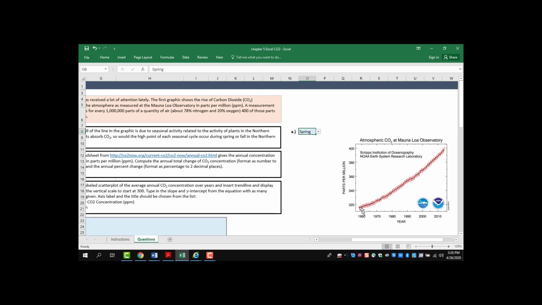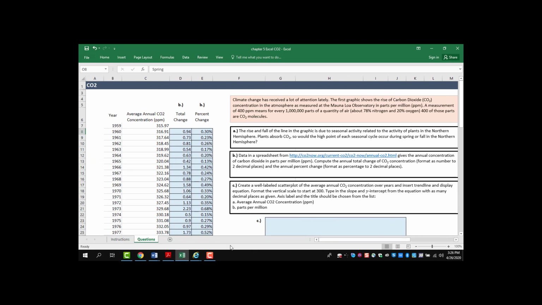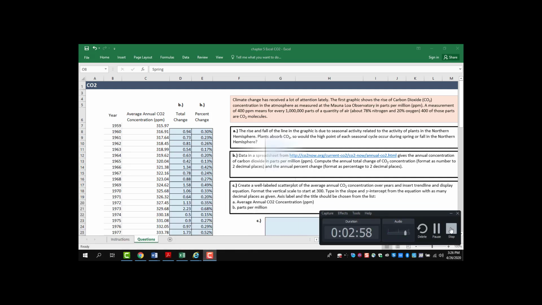It's been all winter, and there are no leaves and plants so much in the northern hemisphere. And then the plants come in the spring, and they suck carbon dioxide out of the atmosphere for the entire season through the fall. And then it drops because of that. CO2 drops. Okay, so that's the first little part.